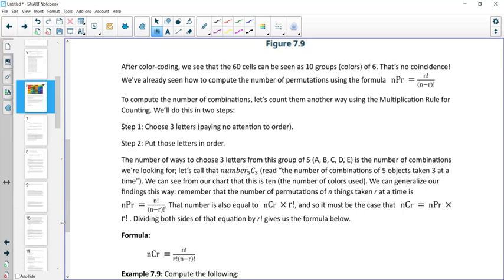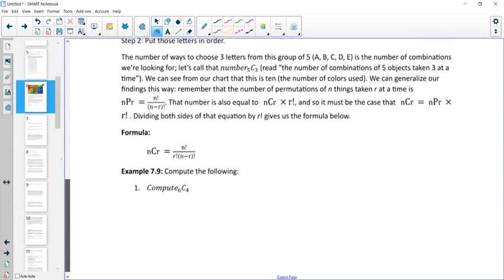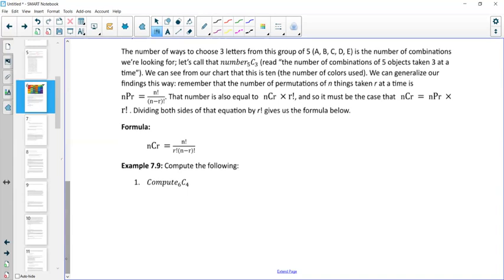If we divide both sides of that equation by r factorial, it gives us the formula below. So the number of combinations of n things taken r at a time is equal to n factorial divided by r factorial times n minus r factorial. So this is the difference: if order does not matter, we divide by r factorial as well.